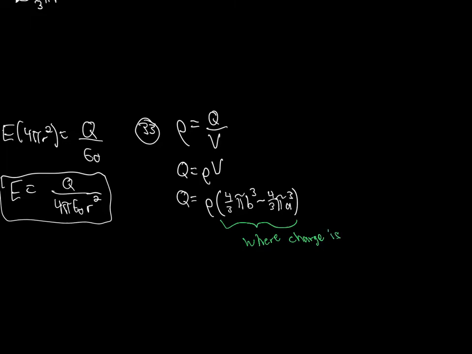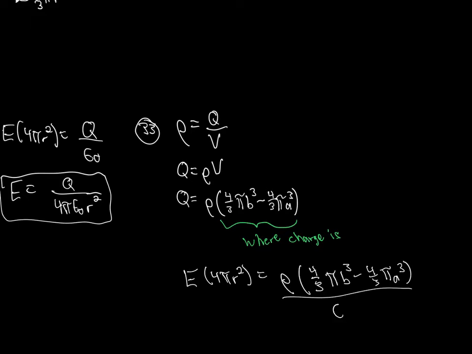So then I can use all of this to write my final answer. E times 4 pi r squared is Q enclosed, rho times 4/3 pi b cubed minus 4/3 pi a cubed, over epsilon naught, and then divide by 4 pi r squared.